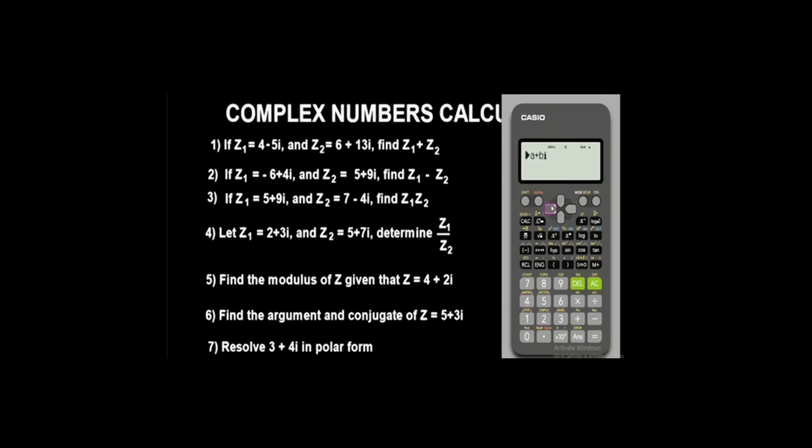So we got 5, press shift and this button for the angle symbol to come out, 53.13. So press equal to. You see, you get back to 3 plus 4i. When you approximate this 9, you get back to 4. Okay, so when you check, let me start from here.